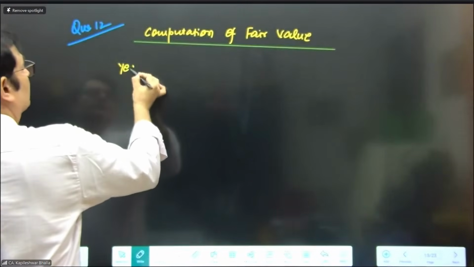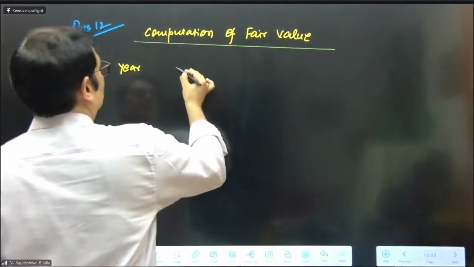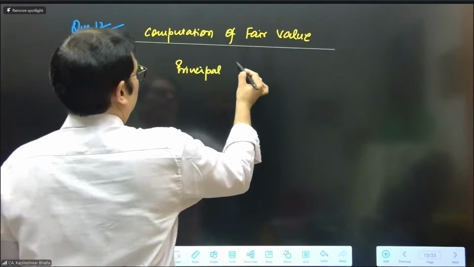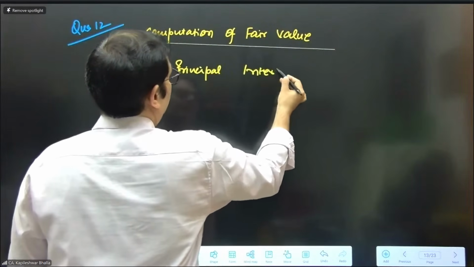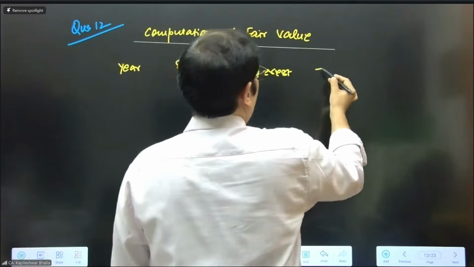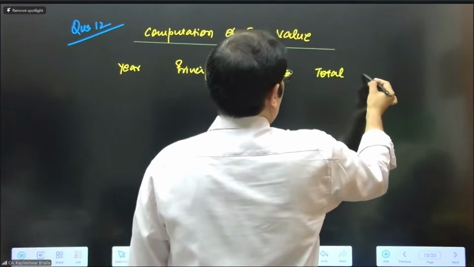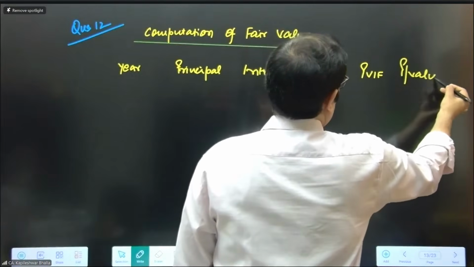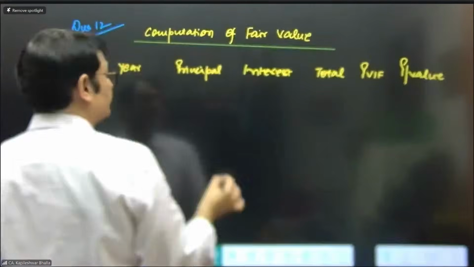So let's consider year. Then there is going to be a principal, and there is going to be interest. Then there is a total amount. You do the discounting and you get the present value.